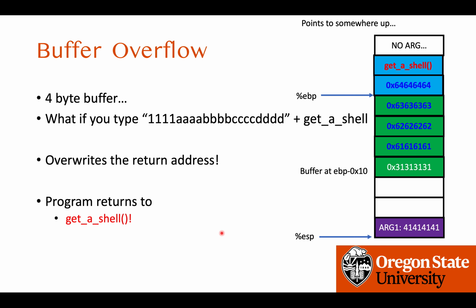Let's start by recalling the buffer overflow attack example. In the stack diagram on the right side, we assume that we have a 4-byte buffer here, and if you fill in a string longer than 4 bytes, such as 1111 AAAA BBBB CCCC DDDD and the address of getter shell, then it will overwrite all the local variables and also the return address with the address of getter shell.